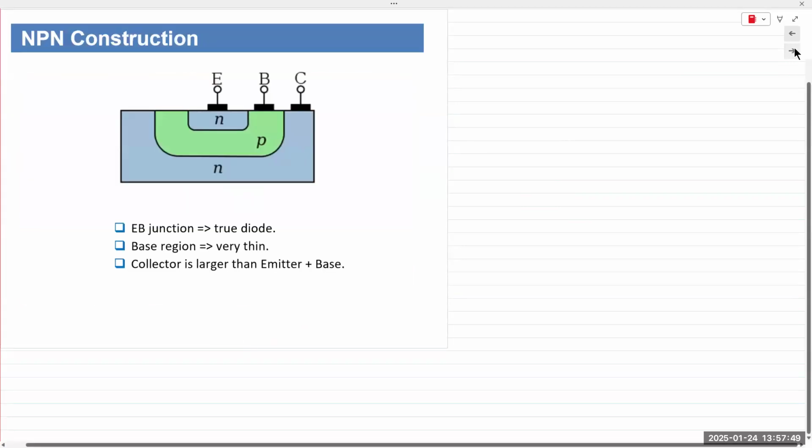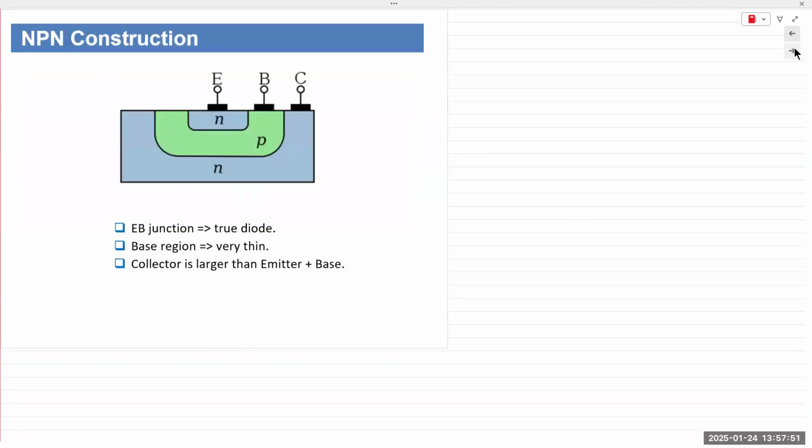All right, the actual construction, NPN. The reason this does not work like a PN junction diode is because of the physical construction and the doping levels. Here's the collector. The collector is by far the biggest in physical size. Doping levels are somewhere between the emitter and the base.